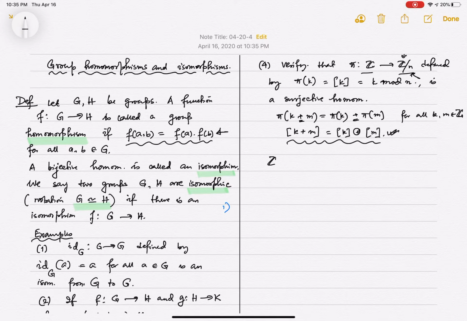Indeed, if you take Z mod 7, then the class of 5 plus 6: what is the right hand side? The right hand side is 11, which is the same as 4. And indeed, the class of 5 plus 6 is the class of 4.